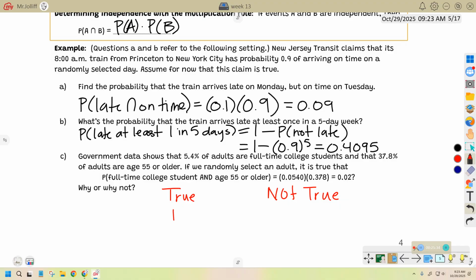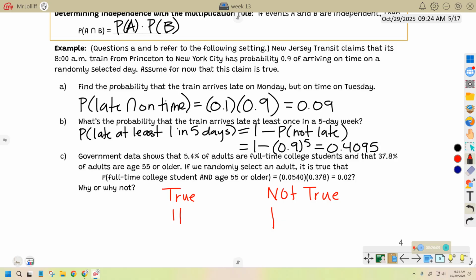All right, Gabe, what about your group? We agree. Jeanette, what about your group? So you looked at the general multiplication rule? Okay, good.